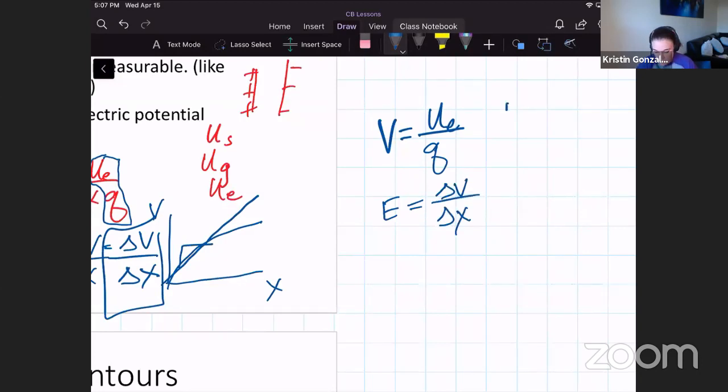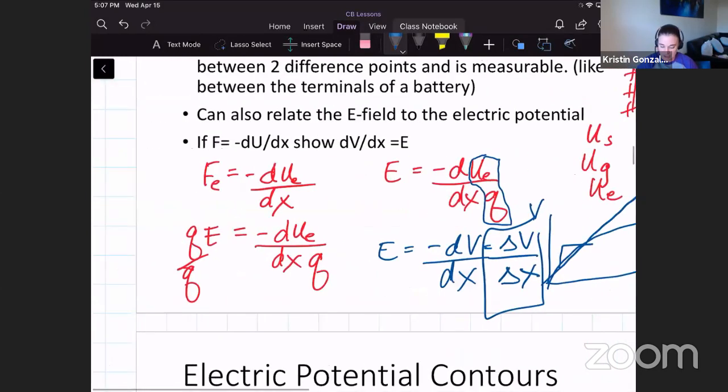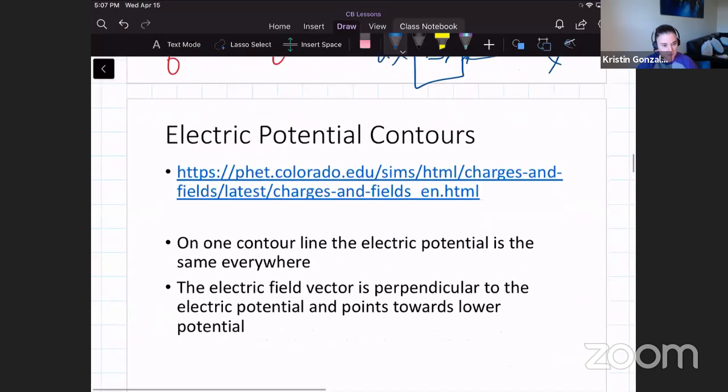We know force is Q times E. We know that work is the negative change in energy. And we may add to that, right? But those are just some relationships we can be thinking of, because we have a lot of back and forth and ins and outs and relationships that we're going to substitute into.